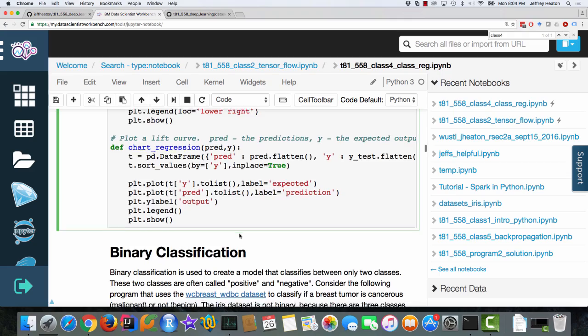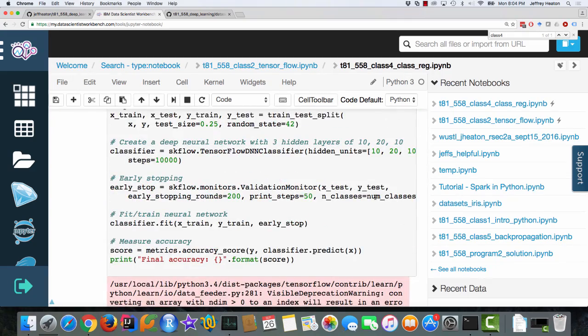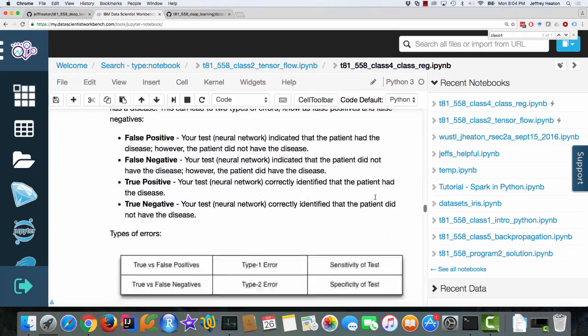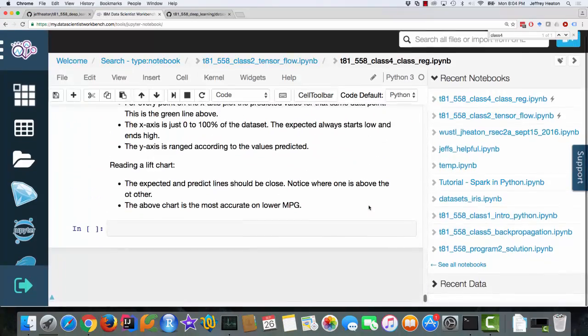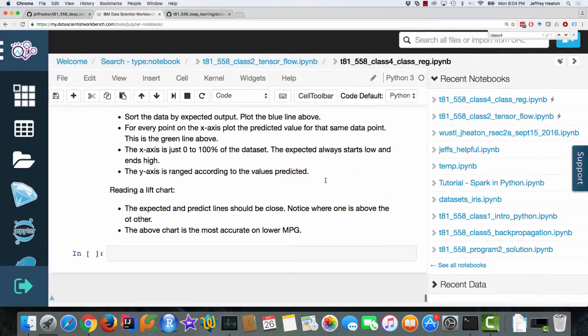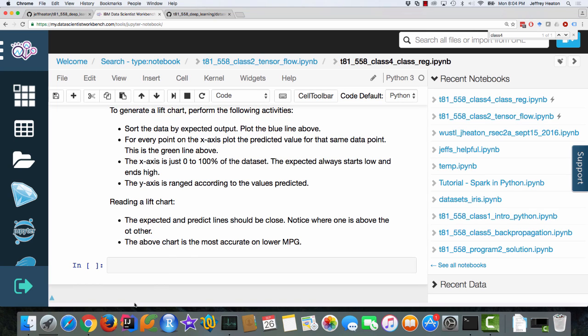I'll go ahead and show you. That's the last thing I wanted to look at tonight, the next programming assignment, because I don't think I have anything else. No, I do not. And I just have some stuff about reading the lift chart, largely what I just mentioned.